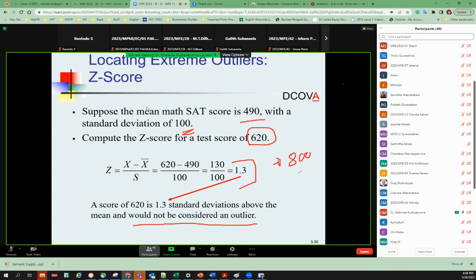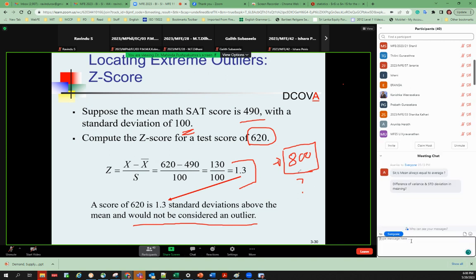The question is, the mean is 490, the standard deviation is 100, and we have one observation, 800. Is this an outlier or not? Please send your answer with the reason to the chat box. I'll give maybe 2-3 minutes.